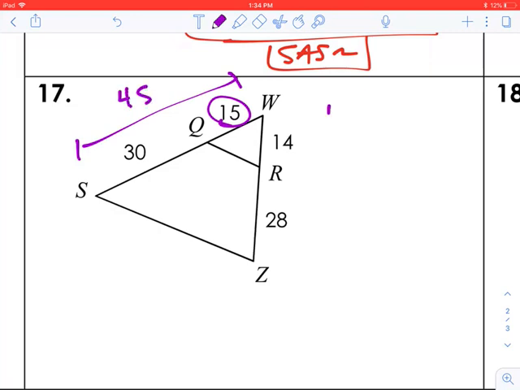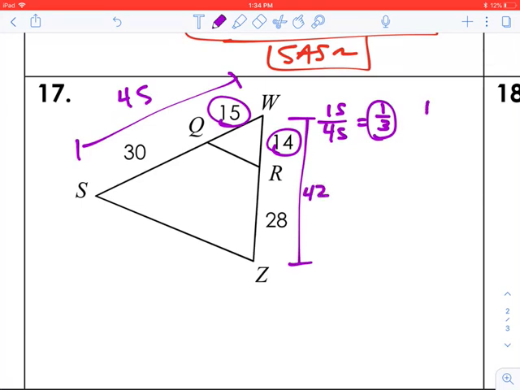So that'd be 15 over 45, which reduces to 1/3. And then 14, and then the whole thing would be 28 plus 14, which is 42. So 14 over 42, which is also 1/3.